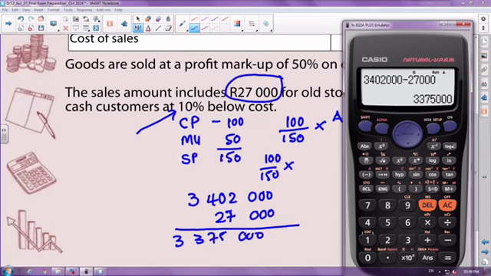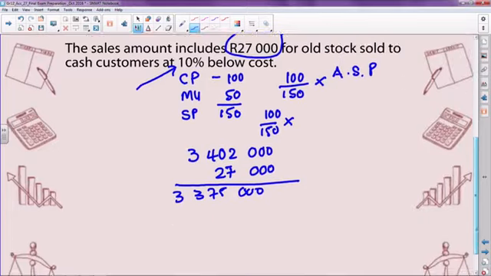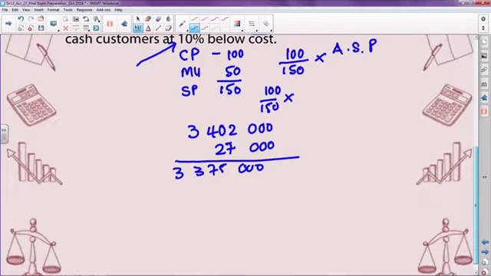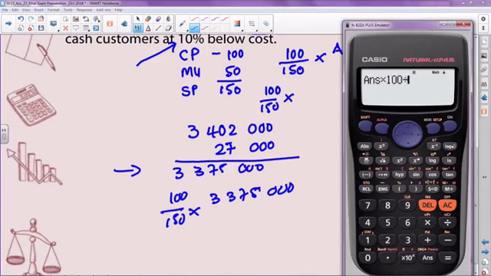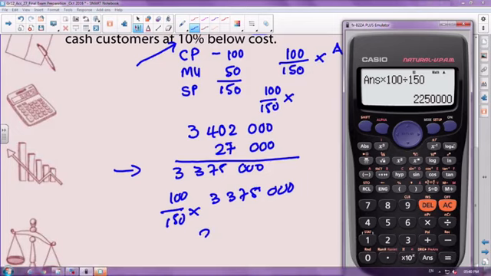Now, if I take my 3,375,000, then it's easy to calculate my cost on this figure. Why? Because it's 100 over 150 times 3,375,000, okay? Because those were your normal selling prices where you sold the goods at its normal price. Therefore, we've got that times 100 divided by 150, and this will give me 2,250,000.